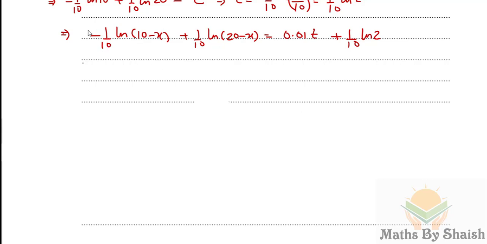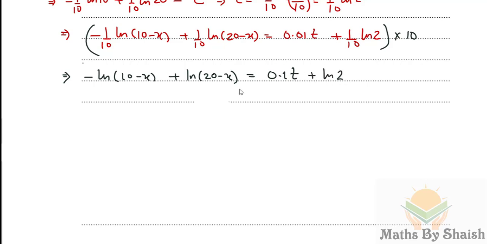So we can see 10 everywhere. I'll multiply by 10 throughout. So it becomes minus ln (10 minus x) plus ln (20 minus x) equals, multiplied by 10, 0.1 t plus ln 2.